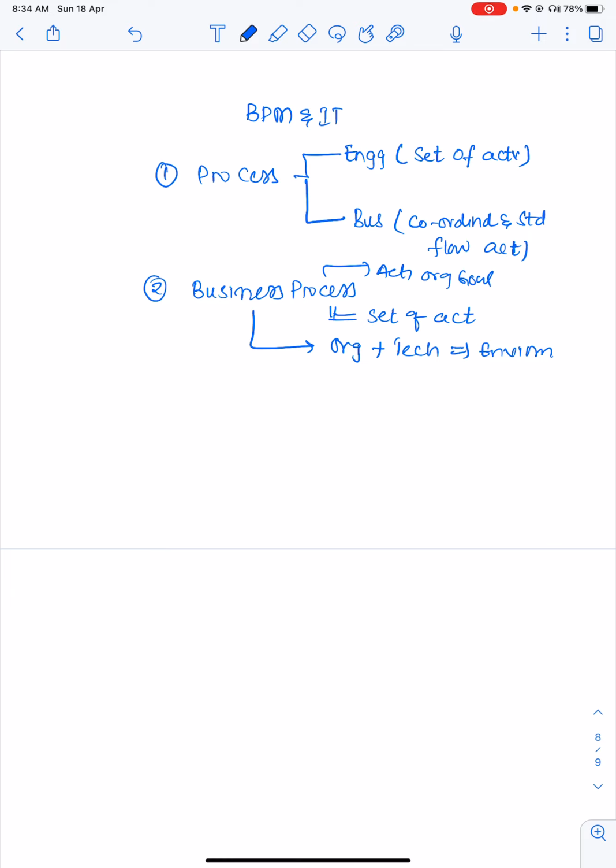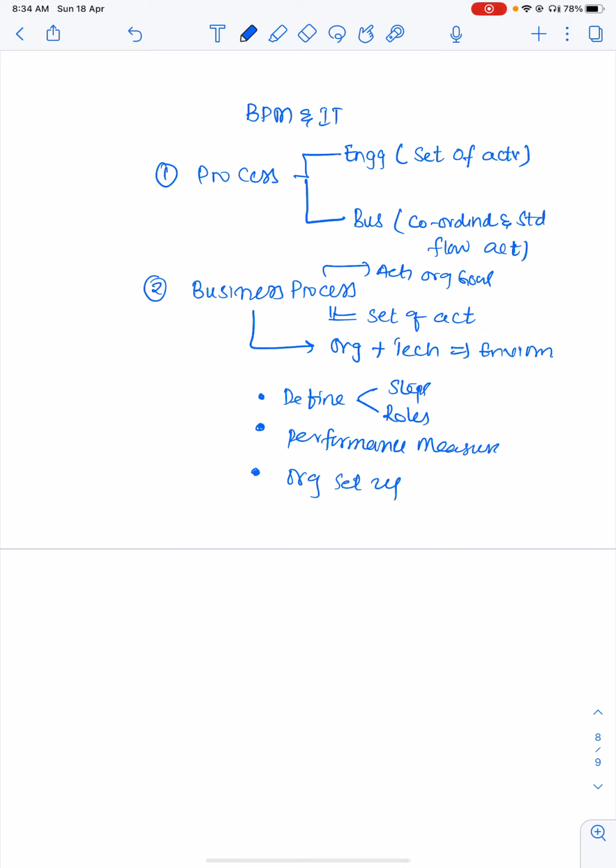And how many steps do we have? We have three steps. First one is define. In define also we have two: we have to define certain steps and we have to map the rules. Second, performance measure. And third one, we have organization setup. So we are already done with this.